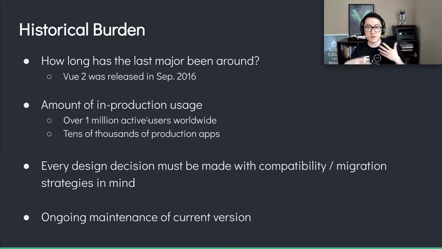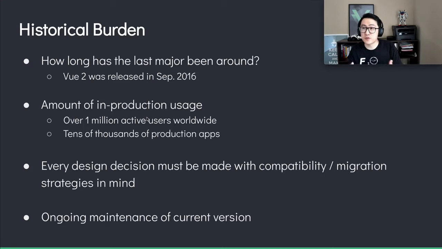A lot of people have been working with Vue for 3 to 4 years. To them, a lot of the paradigms are completely internalized, and they feel like this is how Vue is, and this is how Vue should work, right? So when you make a new major version, inevitably you're going to break some assumptions that were true in the past but are no longer true in the new version, and that's going to be challenging.